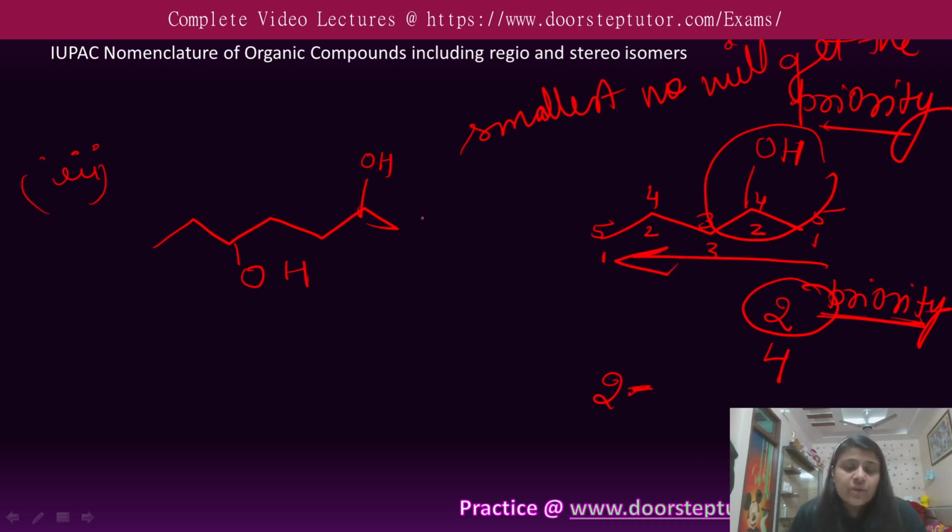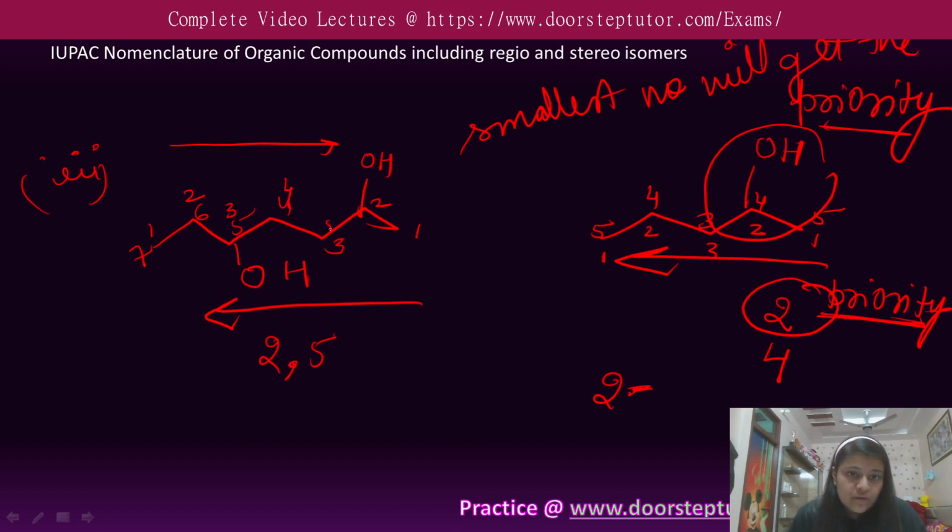Now you tell me, should I number like this, 1 2 3 4 5 6 and 7, or can I start numbering from the other side? When I start from right to left, one substituent is on the second position and the other on the fifth position. When I start from this side, 1, 2, 3, 4, 5, 6 and 7, one substituent is on the third and the other on the sixth position.